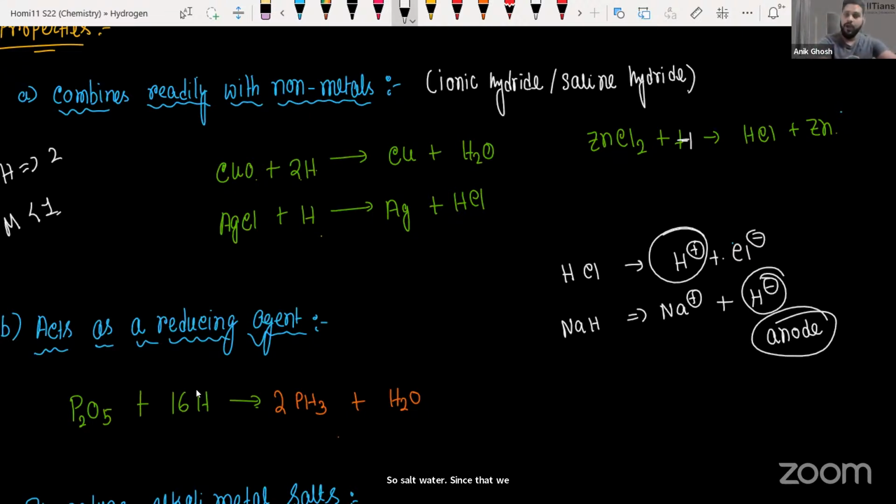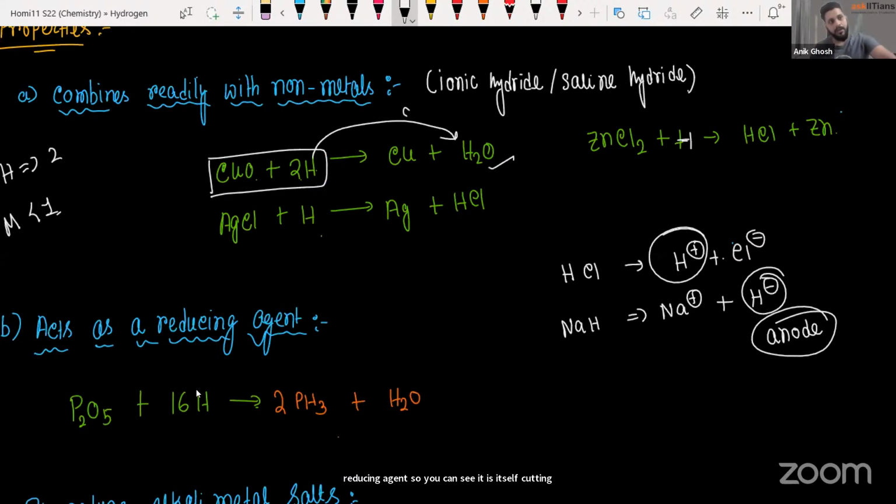Okay. Now, if I go beyond this, guys, how is hydrogen going to react with metal? You know that whenever a metal oxide reacts with hydrogen, hydrogen is a very good reducing agent. You can clearly see it is itself getting oxidized, but it is reducing the metal oxide to metal.